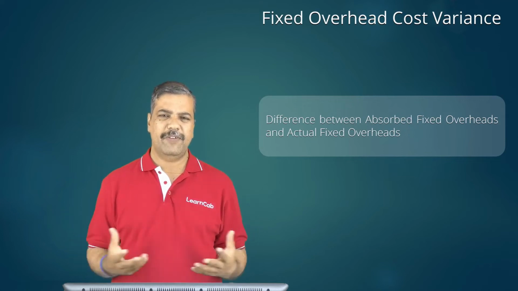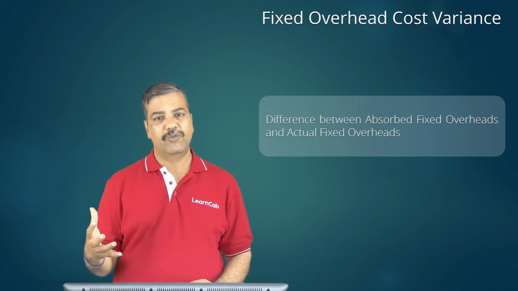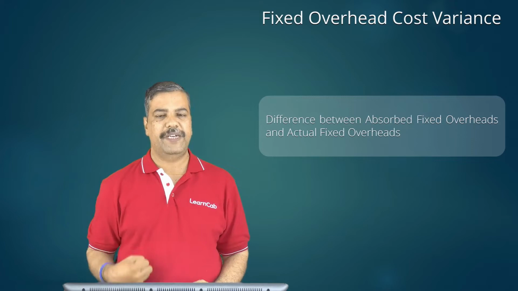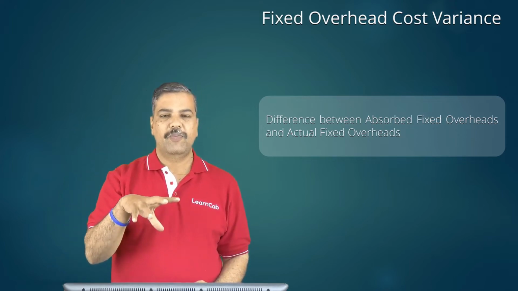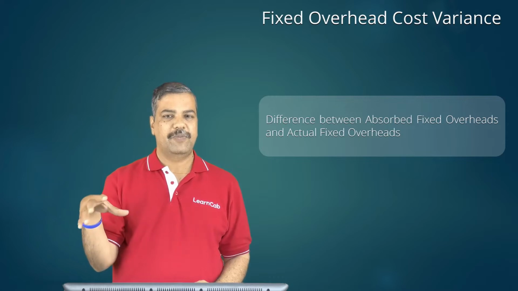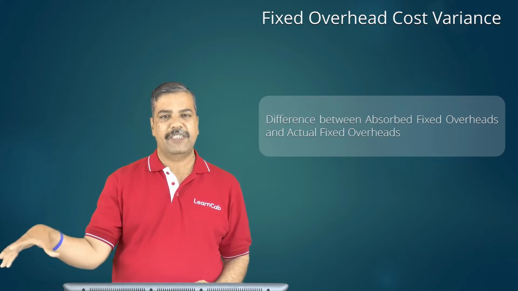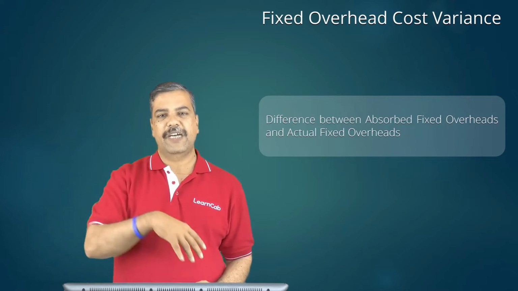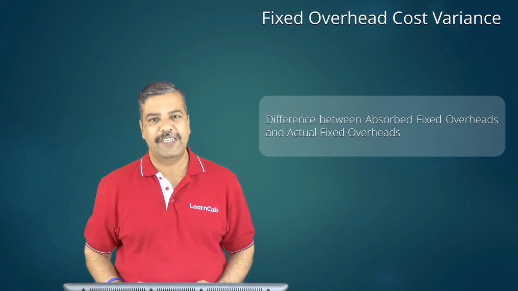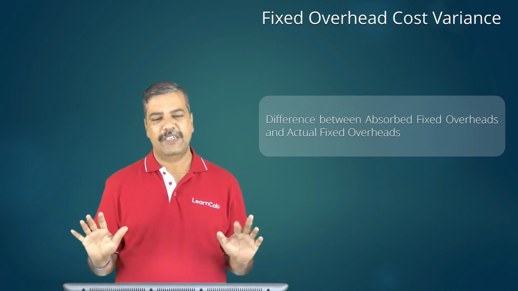There are a number of rates available, and the one most suitable for your industry needs to be taken, and accordingly the cost needs to be absorbed. There is no point in absorbing 10,000 rupees fixed cost which you pay for 40,000 capacity, and if you are operating at 20,000 capacity, again charging 10,000, since it's an actual cost. No, that's not the way.